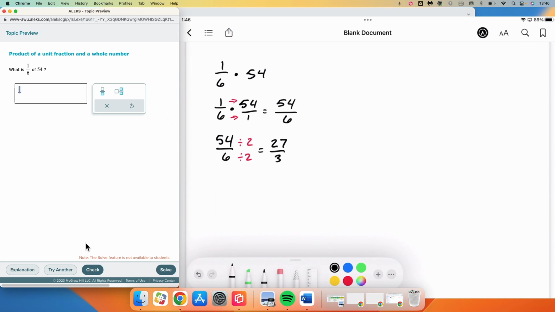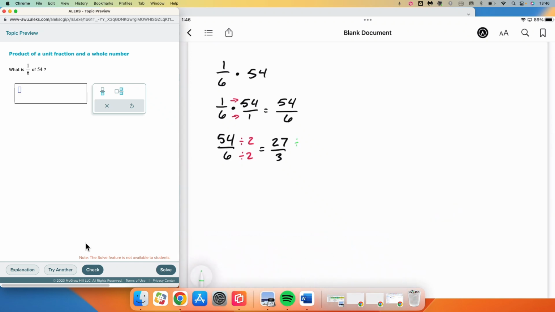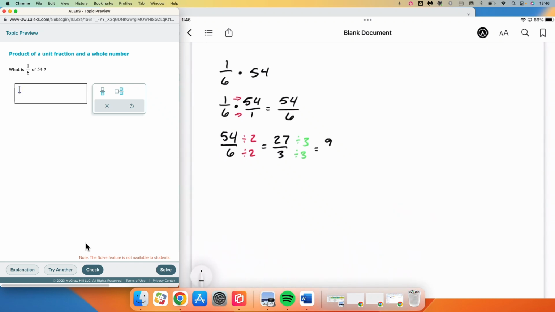And then 27 over 3, I see that both of those are divisible by 3. And we would get 9 over 1 if we did that, which is the same as 9. So I will go ahead and put in 9.